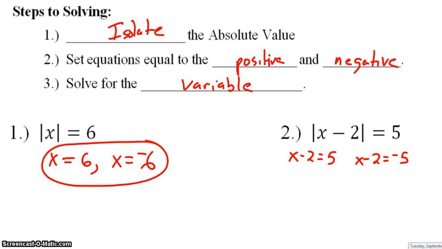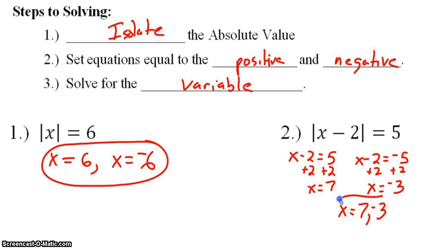There's my second case. So in this first case, I'm going to add 2 to both sides, and x equals positive 7. In the second case, I'm going to add 2 to both sides, but negative 5 plus 2 is negative 3, so my two answers there would be positive 7 and negative 3. Again, the absolute value was already isolated, so I skipped right to step 2 in both of these problems.